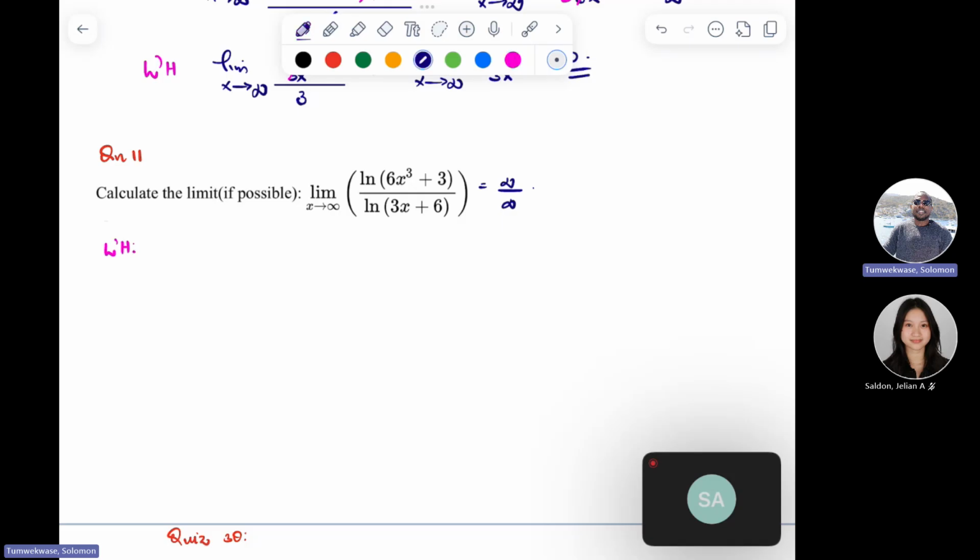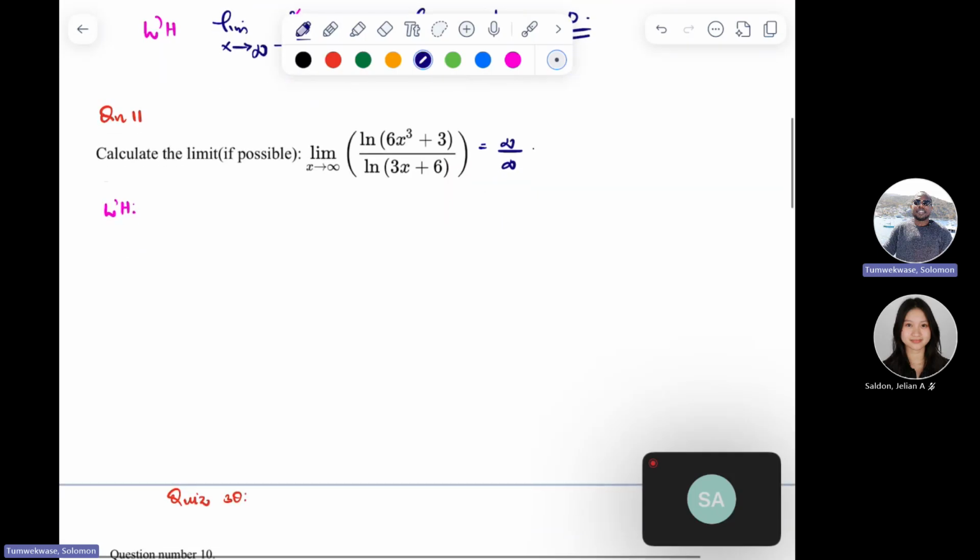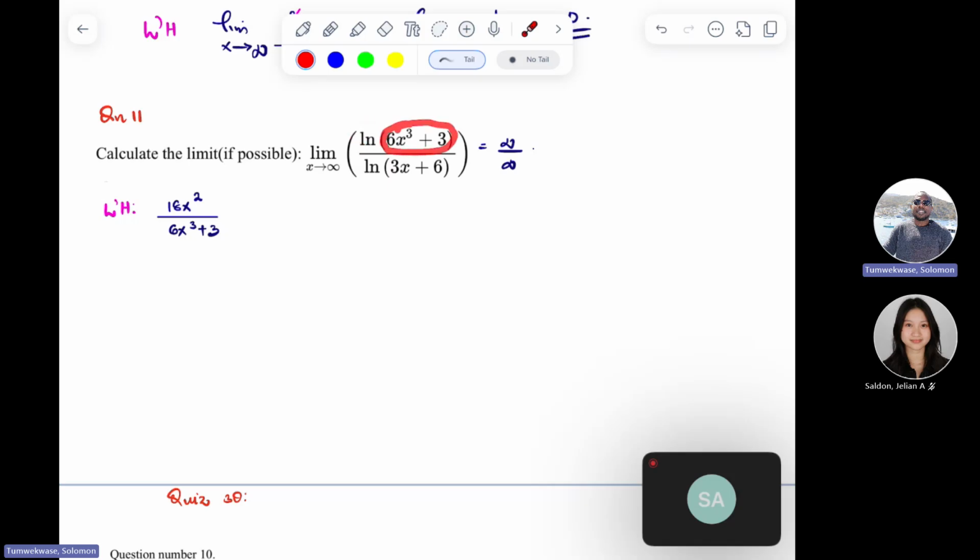Now you need to be careful when we are taking these derivatives. Of course, you need to remember how to take the derivatives of the function. So if I take the derivative of the numerator, natural log of 6x cubed plus 3, the derivative of that is the same as 18x squared, then over 6x cubed plus 3. Remember, the derivative of a natural log is you take the derivative of that function, then divide by that exact function.